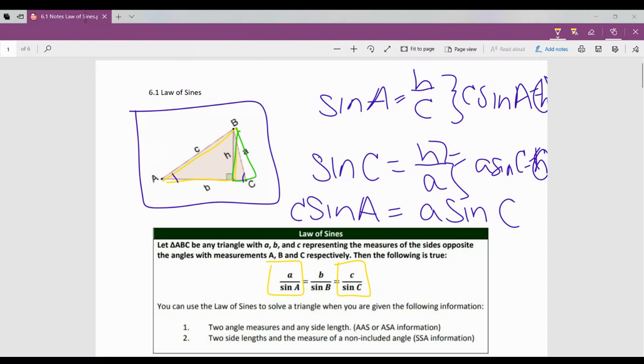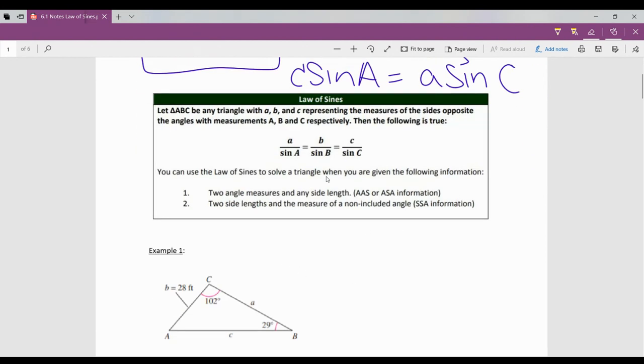And we could also incorporate the B over sine of B in there. That's where it comes from, this process. So using this as our equation, we're going to use the fact that A over sine of A equals B over sine of B equals C over sine of C.